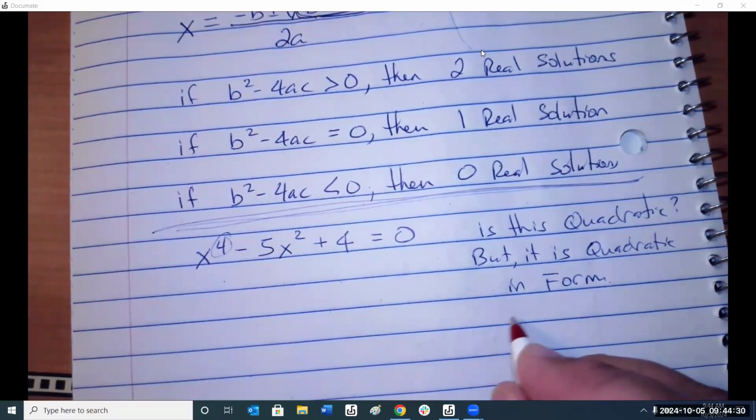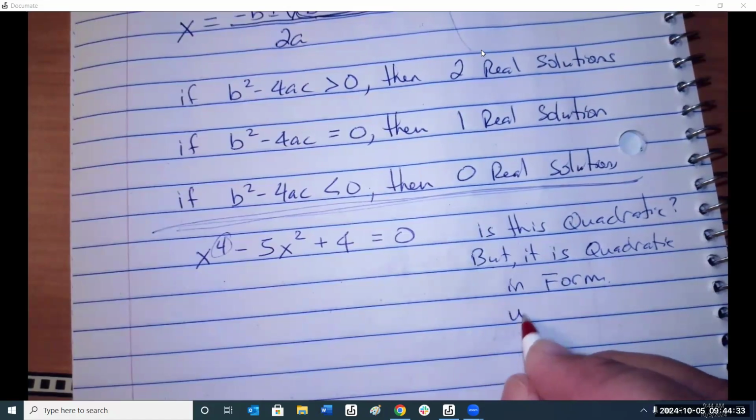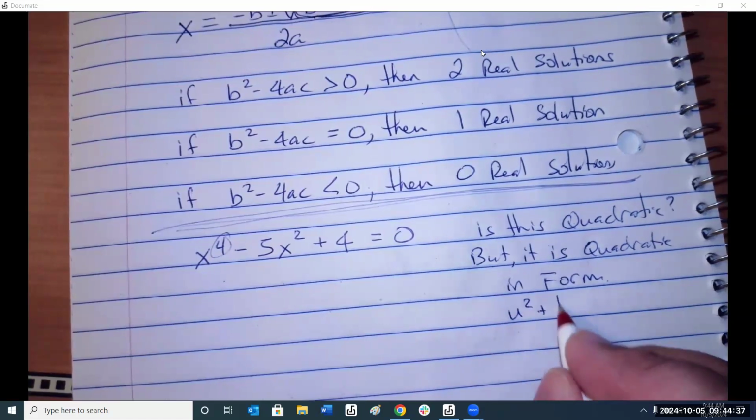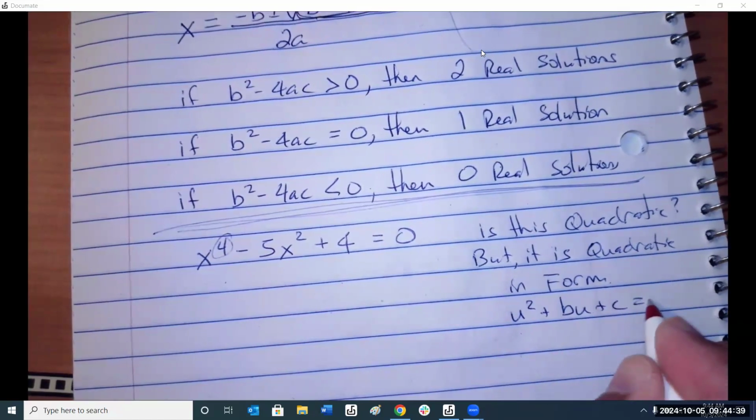In other words, we can have u squared plus bu plus c equals 0.